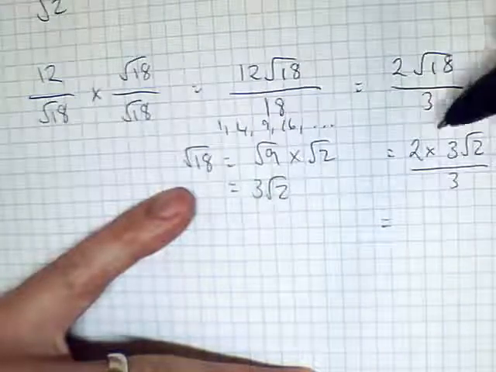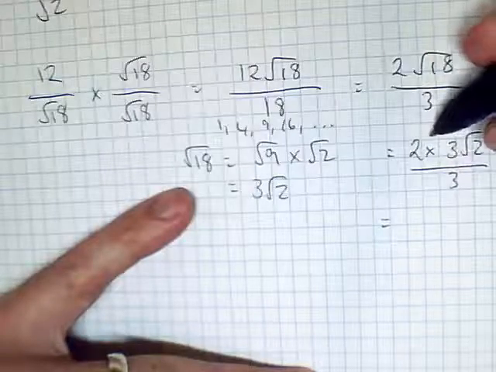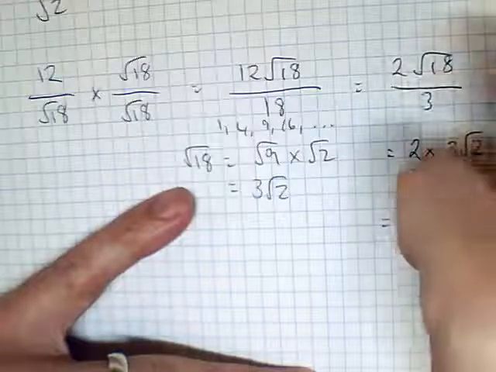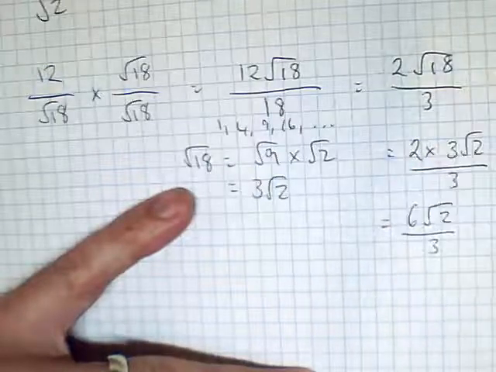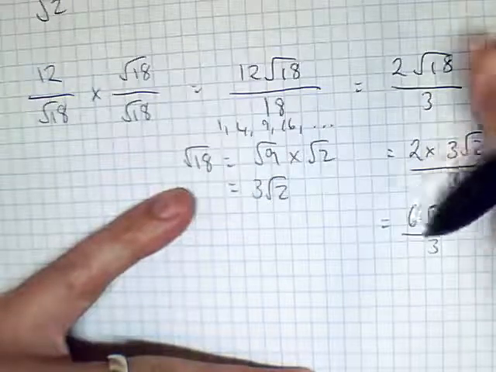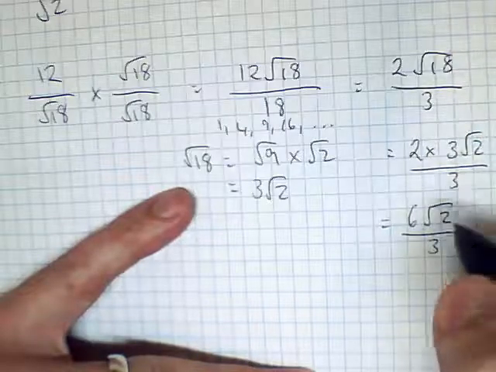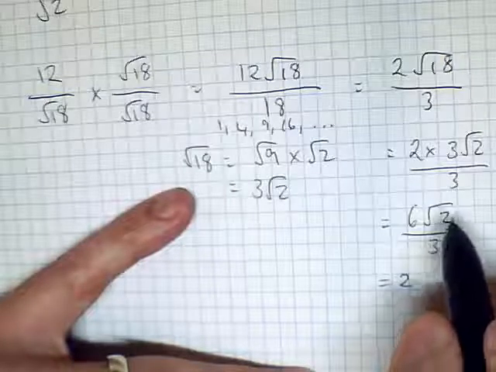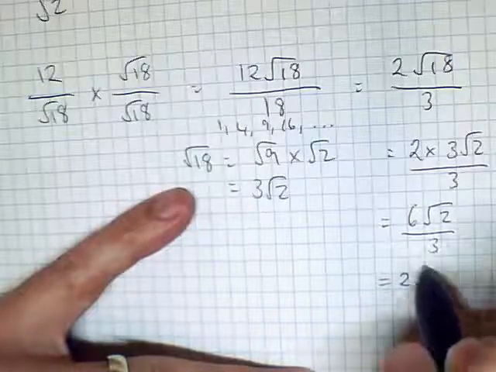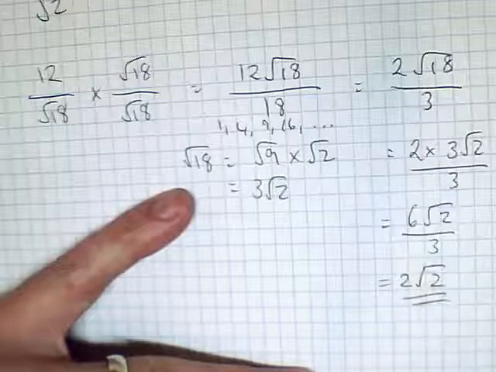Let's see how this works. 2 times 3, we've got whole numbers here, so that multiplies to 6 root 2, and we're dividing by 3. This bit simplifies because I've got whole numbers. 6 divided by 3 is 2. This bit doesn't simplify. So that is now in the simplest form.